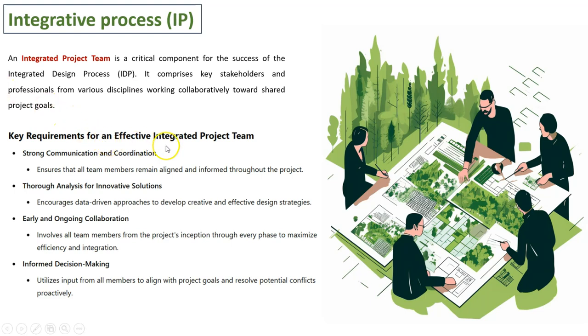So key requirements for an effective integrated project team. There should be strong communication and coordination, which ensures that all team members remain aligned and informed throughout the project. And thorough analysis for innovative solutions, because that encourages data-driven approaches to develop creative and effective design strategies.